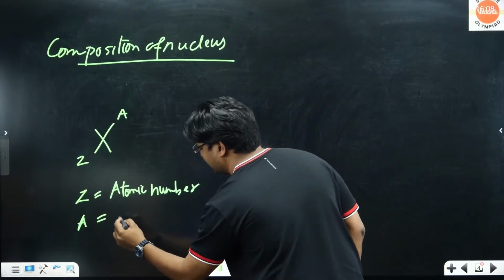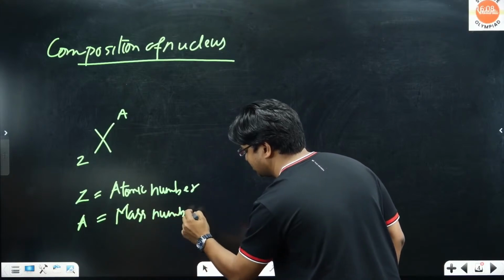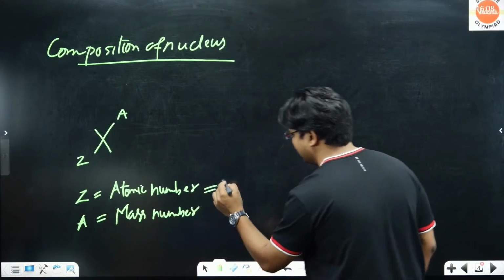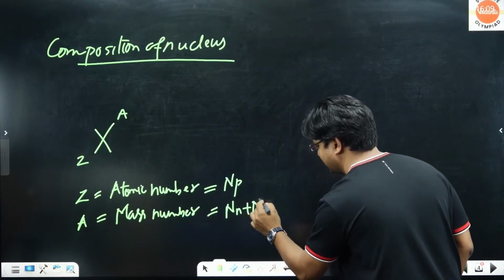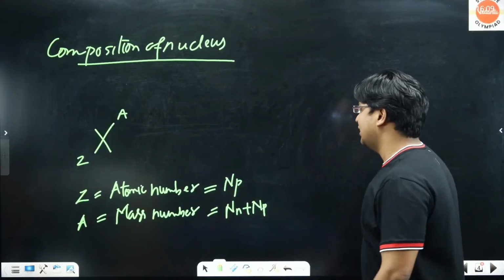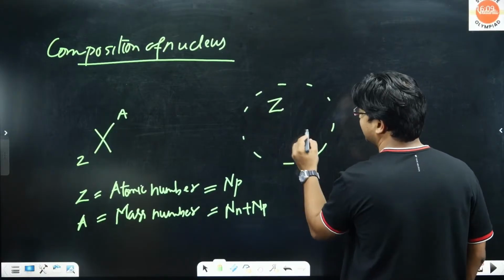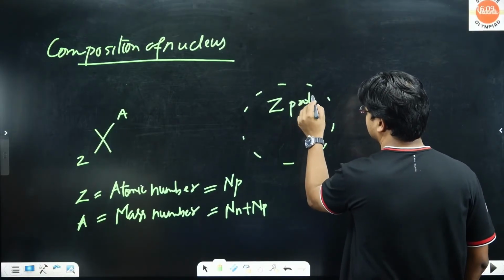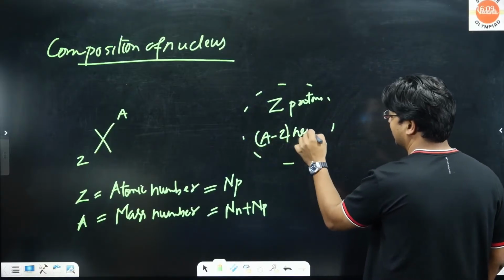The mass number indicates the total number of protons plus neutrons. So if I represent it, I will say that it contains Z protons, and it contains A minus Z neutrons.